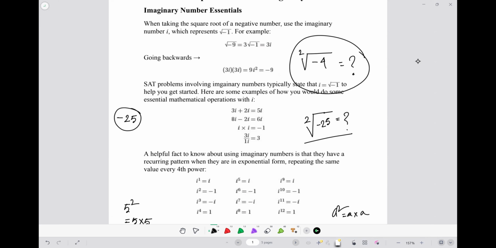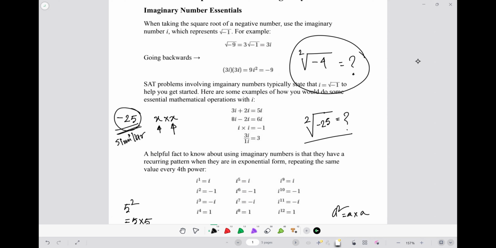You just need to find such a number which is going to be the same, for example, x cross x. X is the same, and this is also the same. And you just need to break negative 25 into 2 pieces, similar looking.